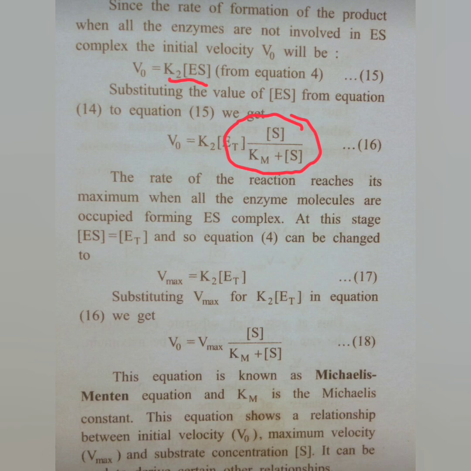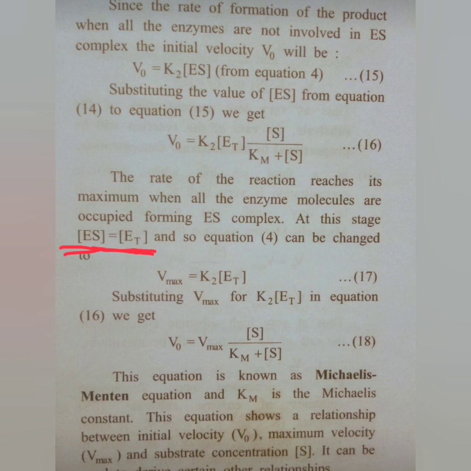So the rate of a reaction reaches its maximum when all the enzyme molecules are occupied by the substrate, forming the ES complex. That means all the 100 molecules of enzyme already bind with the substrate. So at this stage, the total enzyme is equal to ES, right? Because the total number of enzymes, which is 100, is already binding with the substrate. So ES is equal to ET.